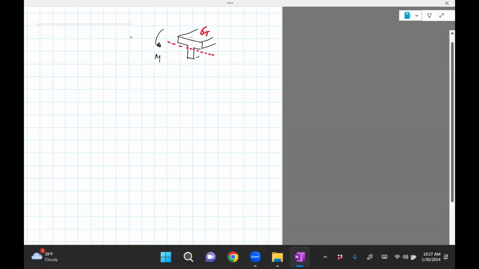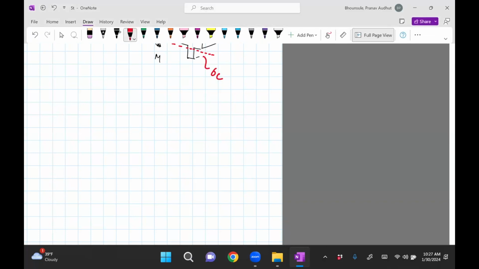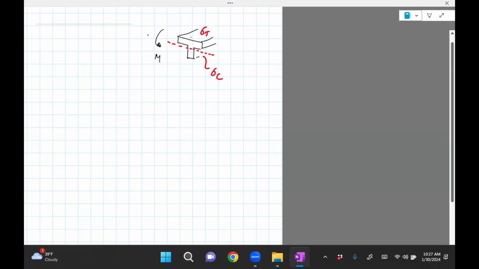We have sigma T. The bottom section will have sigma C. We want to know what this height is. Let's call that YT. The reason why we want that height is because the maximum tensile stress occurs on the edges, on the surface, as far as possible from the neutral axis.